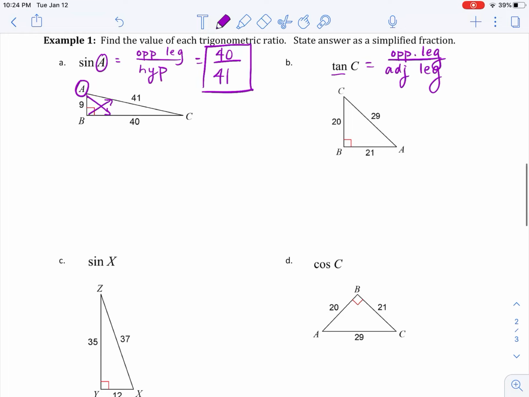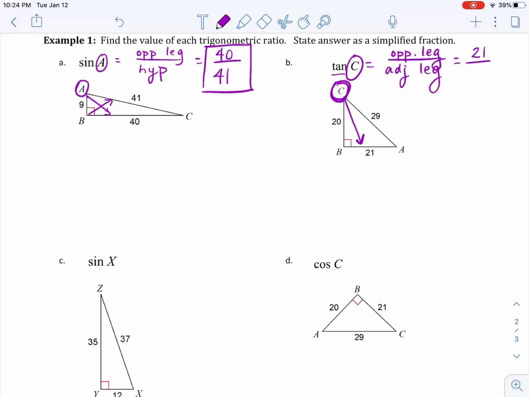Again, they have to tell you where to look from. So this is angle C. We're looking at angle C. Opposite's always easy. Draw an arrow through the triangle. Way across the triangle, you'll see 21. That's called your opposite, right? We've been creating the opposite of the 90 for several lessons. So this is the same thing, but we're opposite angle C this time.